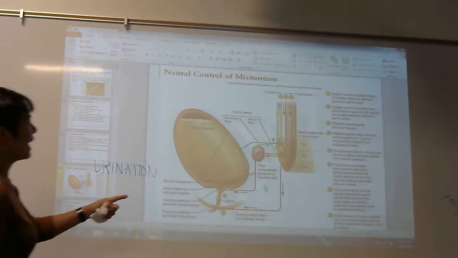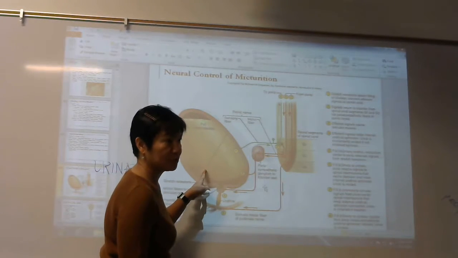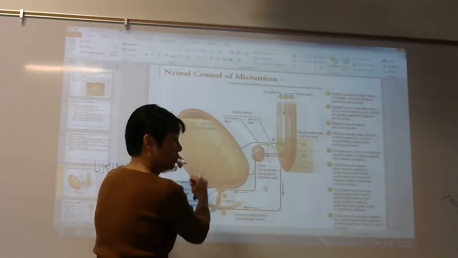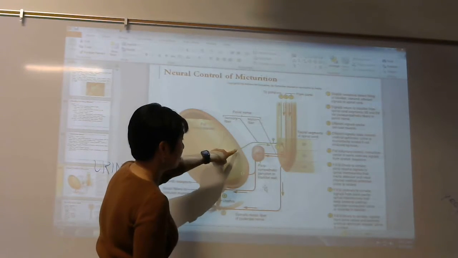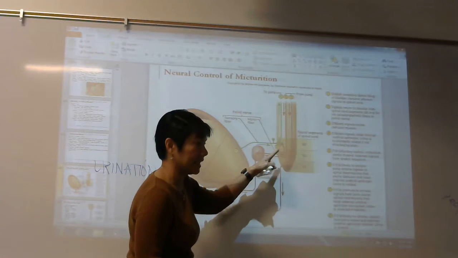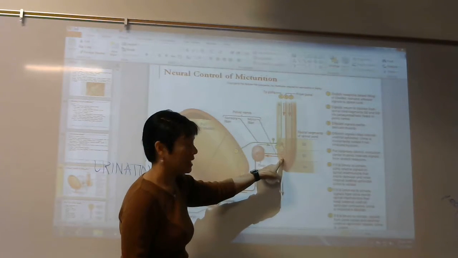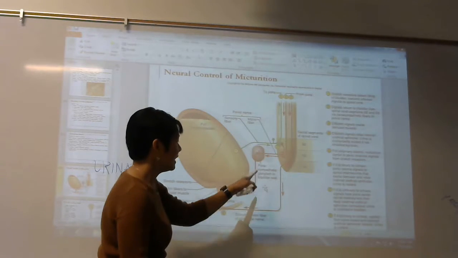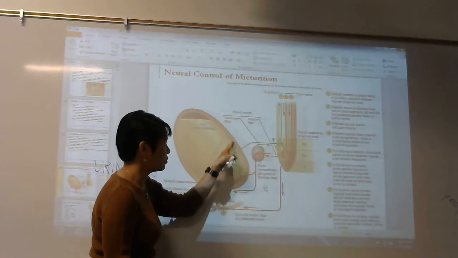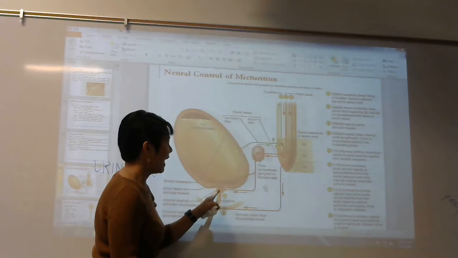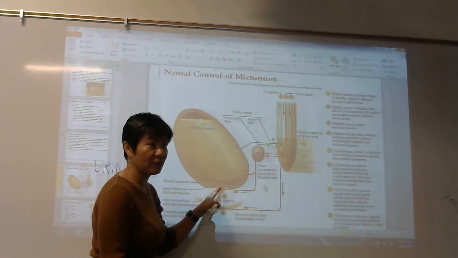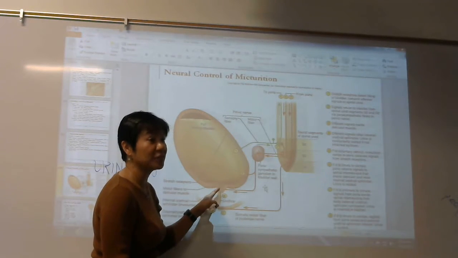So when your bladder gets filled to about 400 mils, of course this one stretches, right? And the mechanoreceptors trigger a reflex, a sacral spinal reflex, S2, S3, S4. And this reflex promotes contraction of the bladder and relaxation of this sphincter here.